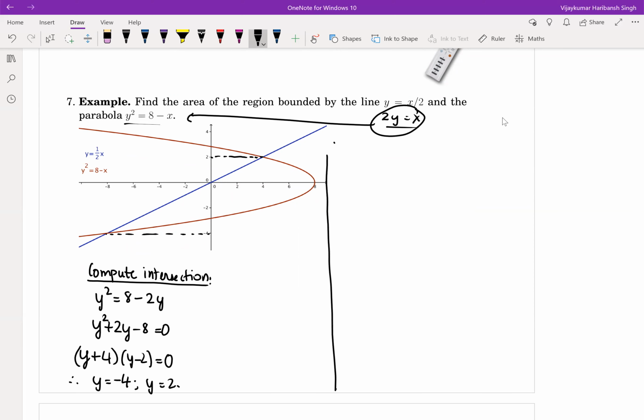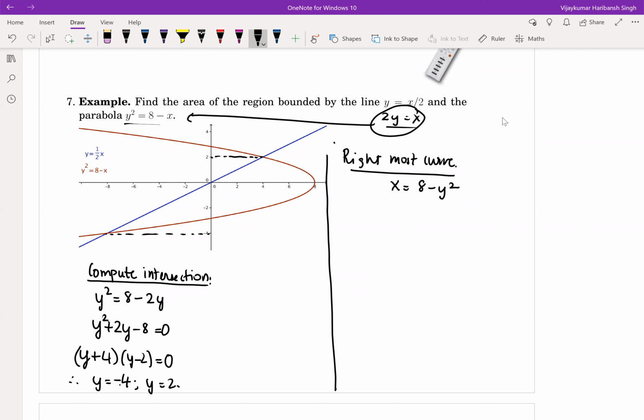So now what is the rightmost curve? Let's take a value between minus 4 and 2, say 0 for y. If you put 0 for y, you get x equals 0 for the first one, and for the other one, you get x equals 8. So the rightmost curve is x equals 8 minus y squared.